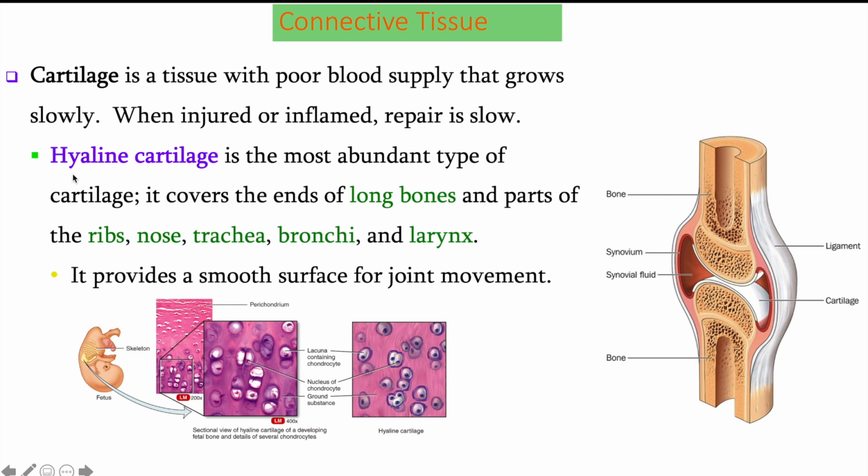What is less commonly known is that the fetal skeleton is composed of cartilage. As you're forming these bones, they're first made of cartilage, and then the cartilage gets replaced by this calcified matrix of bone as development continues.